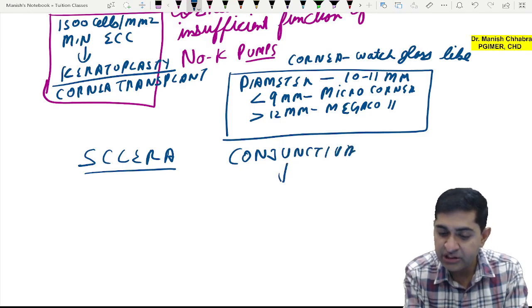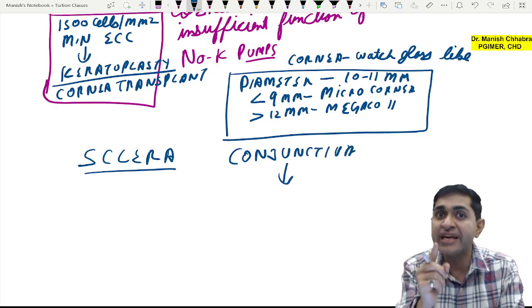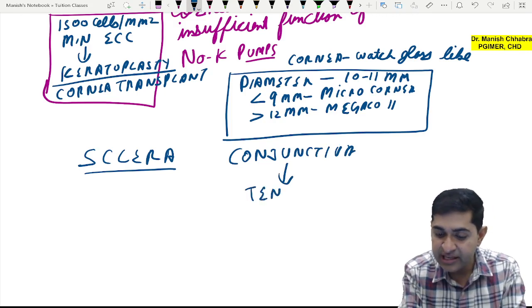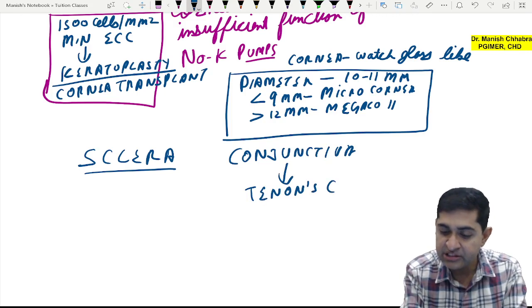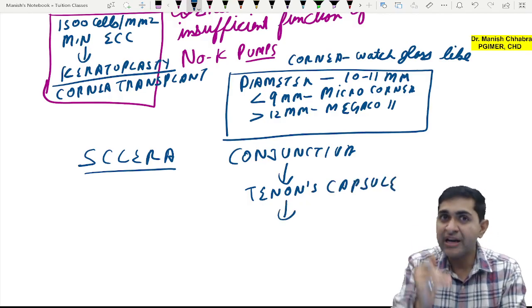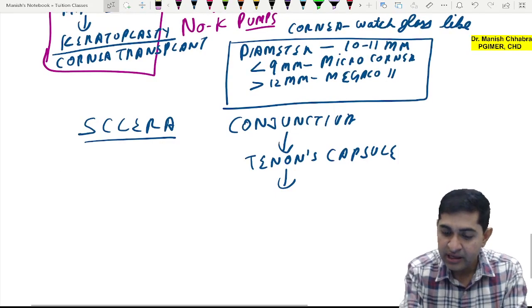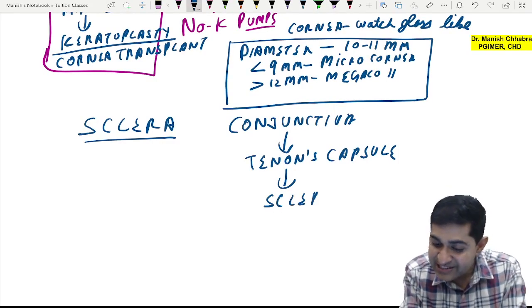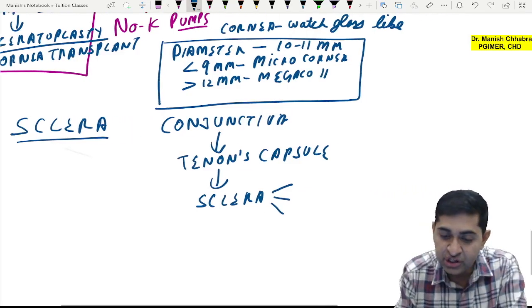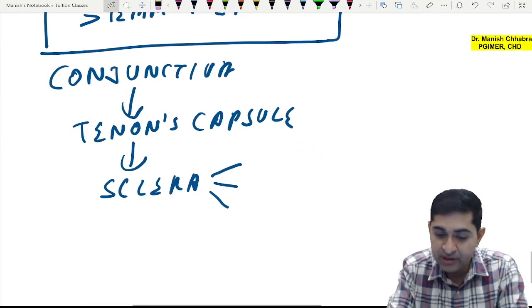What lies underneath conjunctiva? Don't say sclera. It is your Tenon's capsule, a fibrous sheath. What lies under Tenon's capsule? It is your sclera.